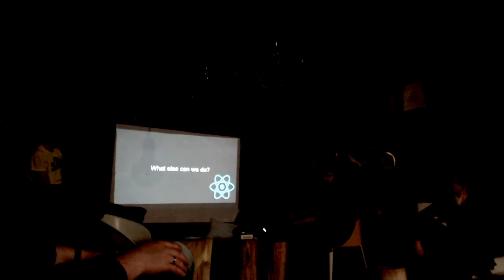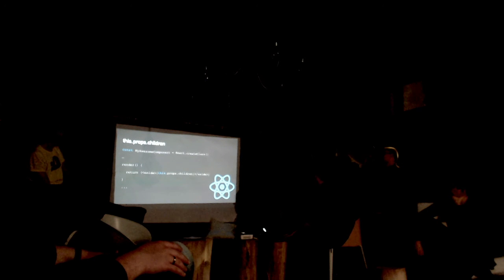But what else can we do to achieve better code, a better division of components? Well, there is one thing in React, this props.children, which, surprisingly, not many people use in occasions when it could be used.